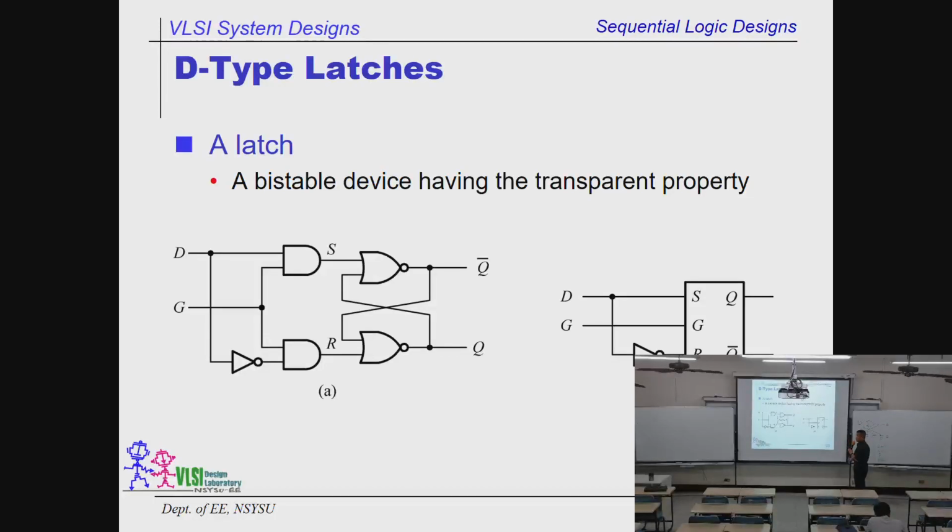And the interesting part is that we are going to have a signal which is called G. And this one is D, and this is D bar, coming over here.